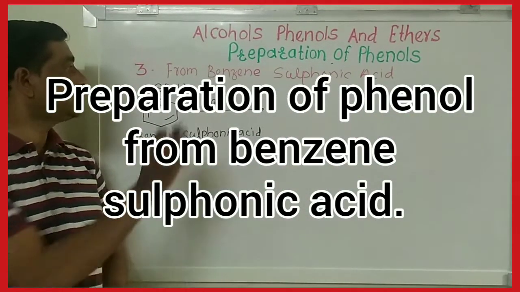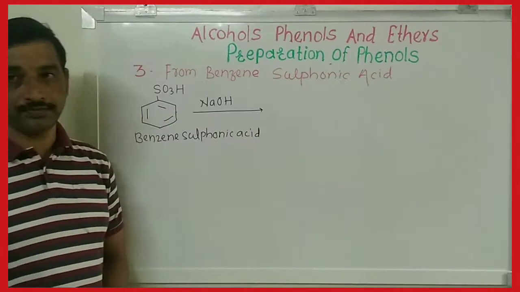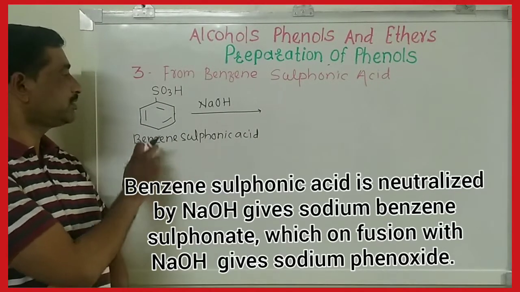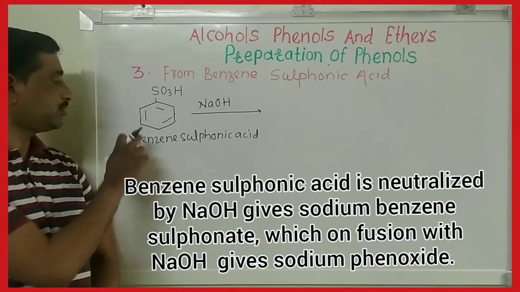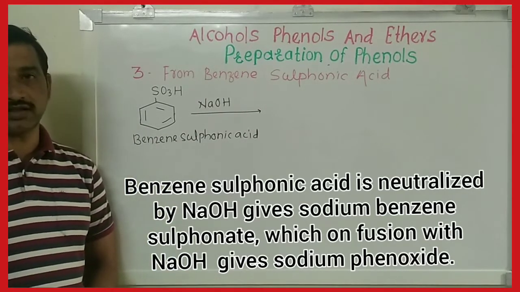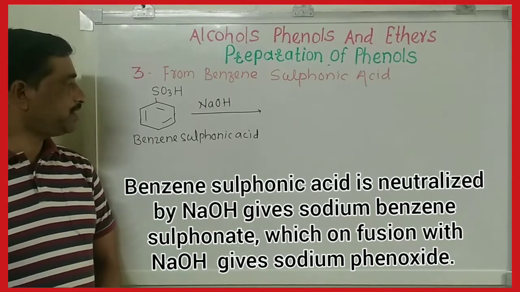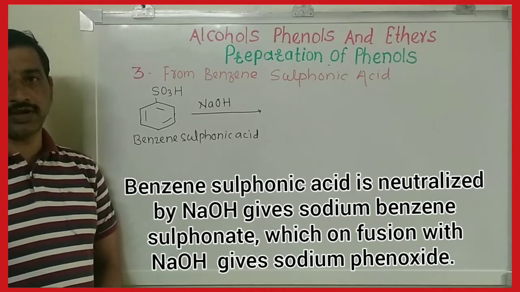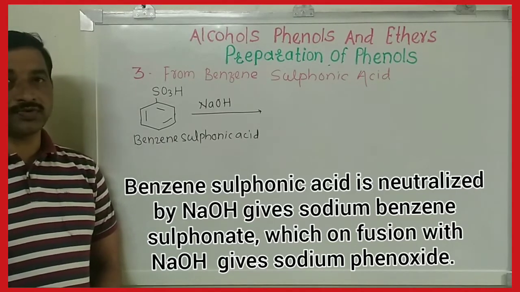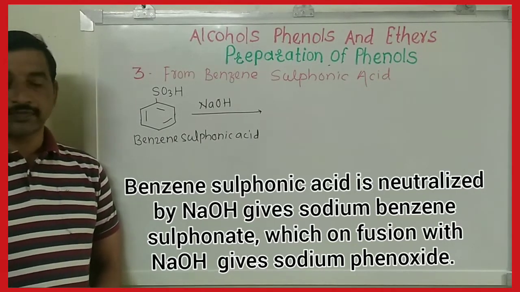Preparation of phenol from benzene sulfonic acid. When benzene sulfonic acid is reacted with sodium hydroxide, it undergoes neutralization to form the intermediate compound sodium benzene sulfonate.